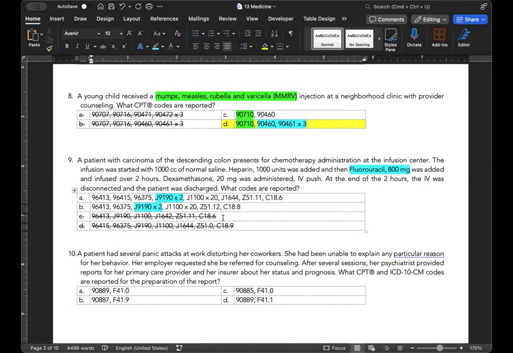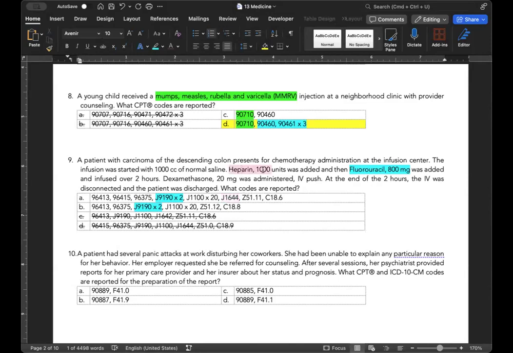Okay. So next, the J1100 has 20 units for both. So we're going to skip that one for now. And then we have J1644 in just one of our options. So let's go look at the J1644. That J1644 is for the injection heparin sodium per 1,000 units.